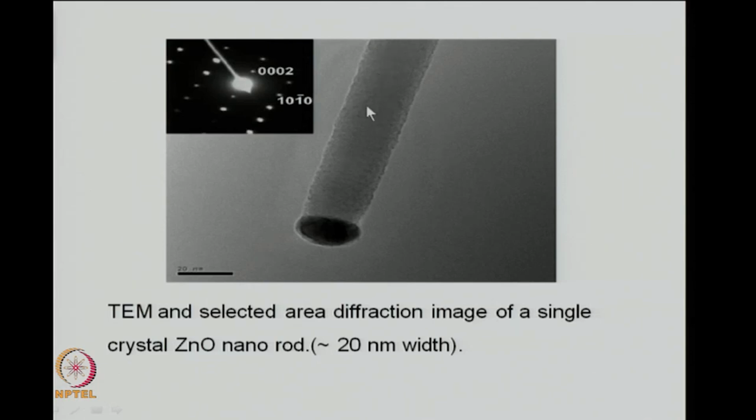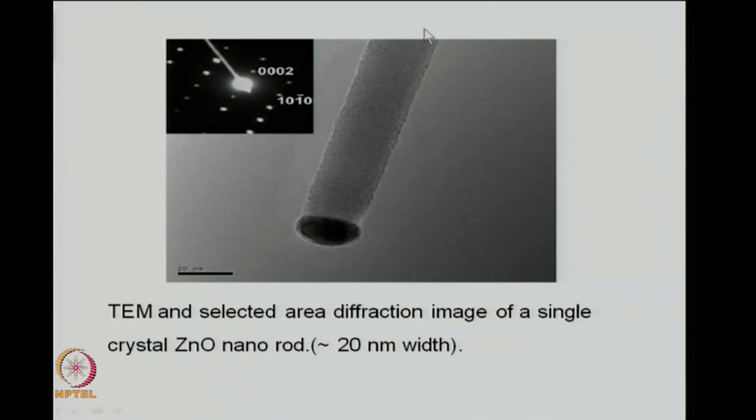This is the rod which is growing, the substrate is on this part, and at the tip of the rod is your molten droplet of the catalyst.